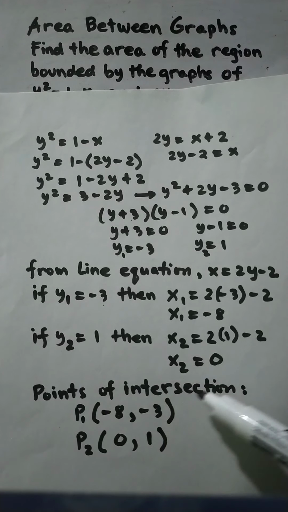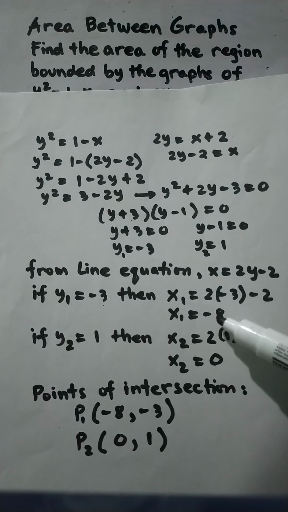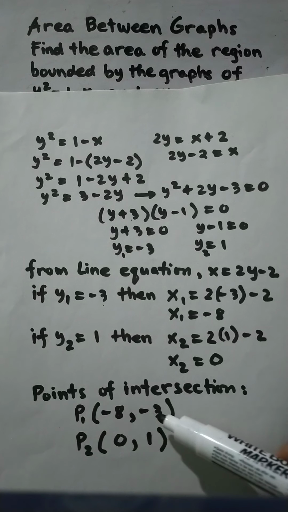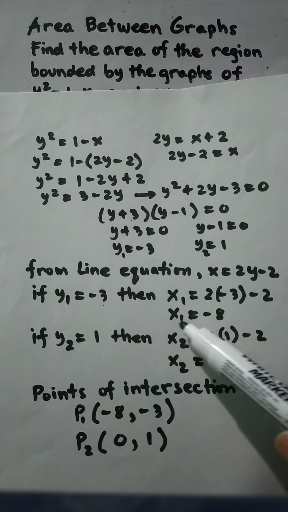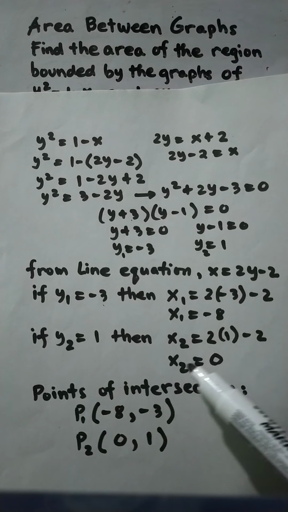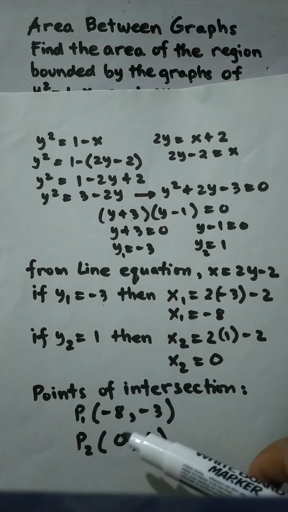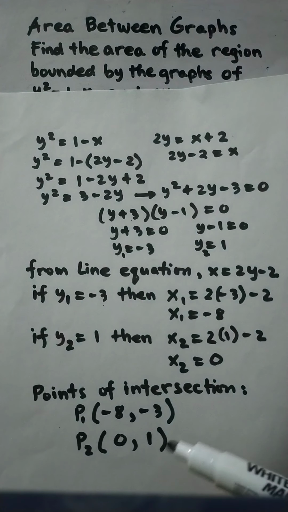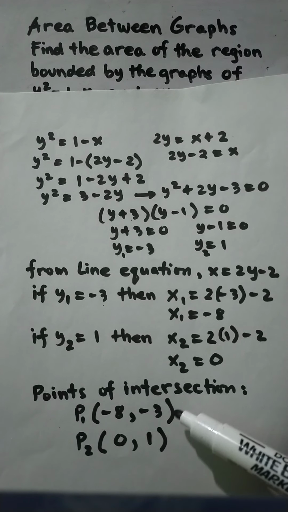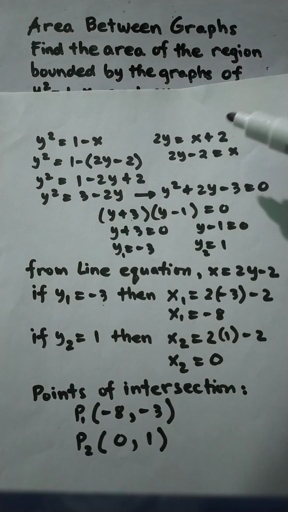Therefore, the points of intersection: y sub 1 equals negative 3 and x sub 1 equals negative 8, so we have negative 8, negative 3. And another point of intersection is x sub 2 equals 0, y sub 2 equals 1, so 0, 1. So these are the points of intersection between the graphs of a parabola and a line.